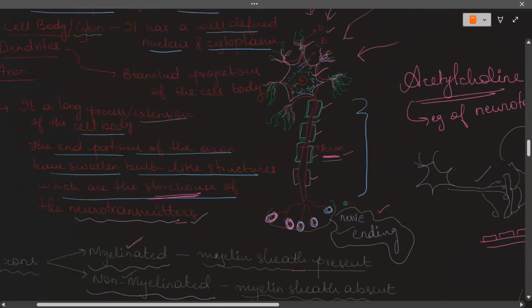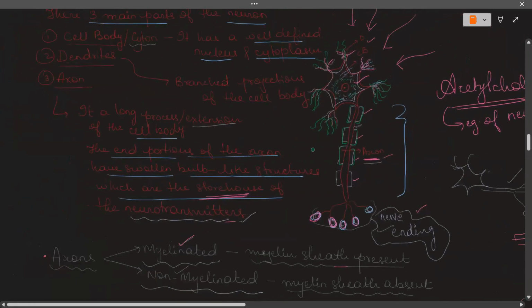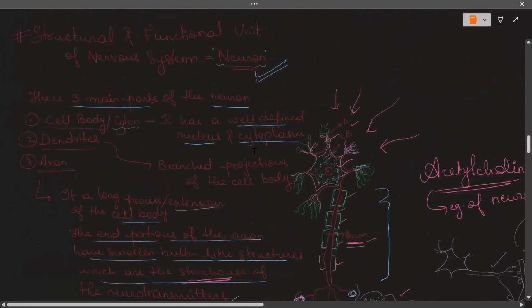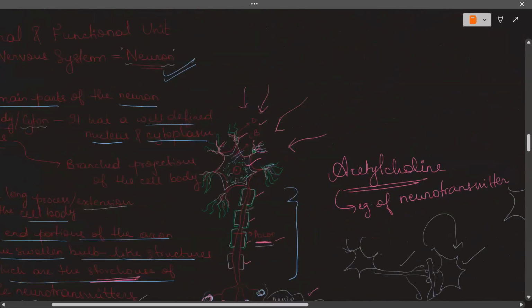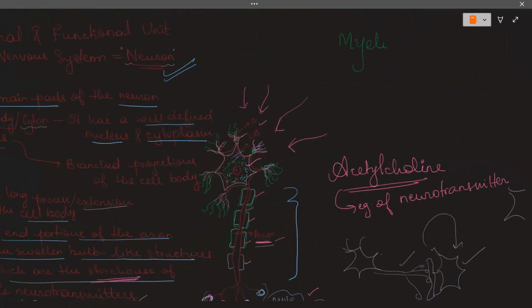Yes, ma'am. What does myelinated mean? See, there is a sheath, a layer, which is known as the myelin sheath or myelin layer. If this is the axon, this layer is present like this all over it.